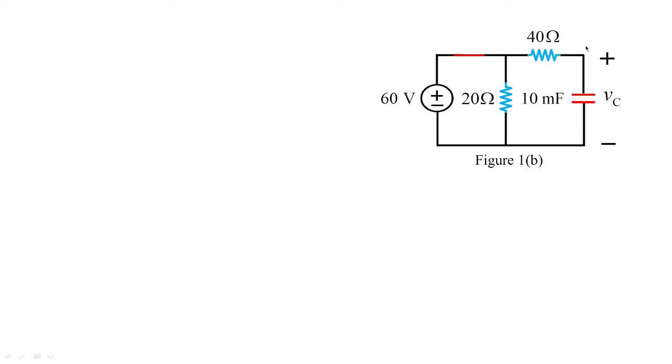The current through the capacitor, we have already seen from the basics, should be capacitor multiplied with differentiation of voltage. So the current which is flowing through 40 ohms is nothing but VC minus 60 by 40. This is one branch current plus C dV by dt.